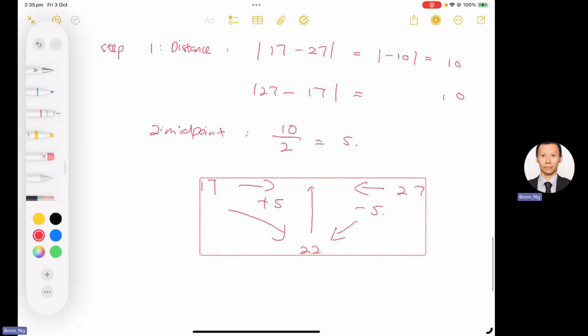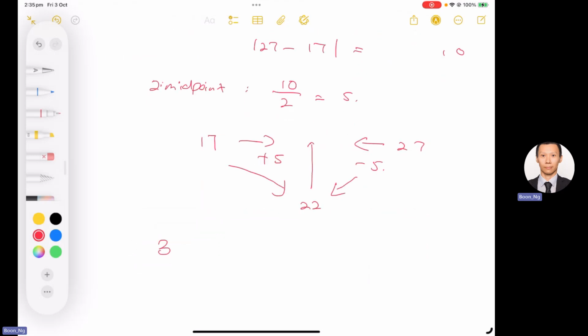Okay, so combining the information, we can form the equation: x equals 22 plus or minus 5.